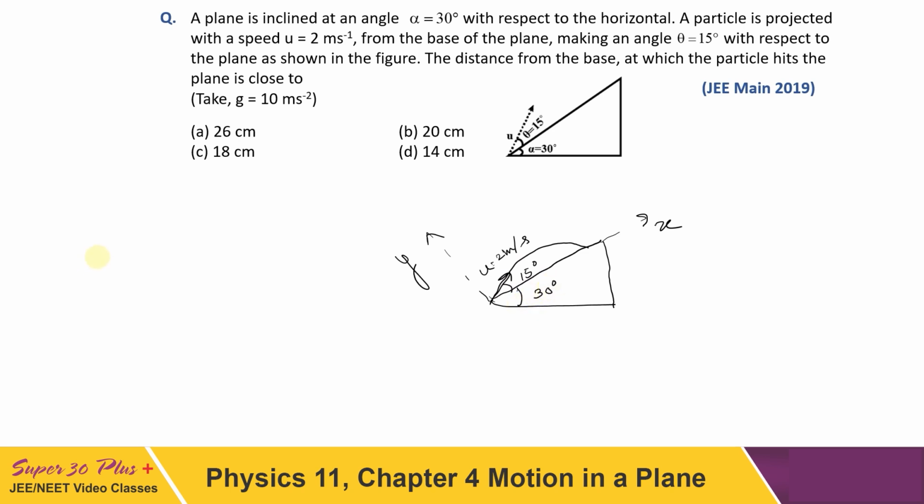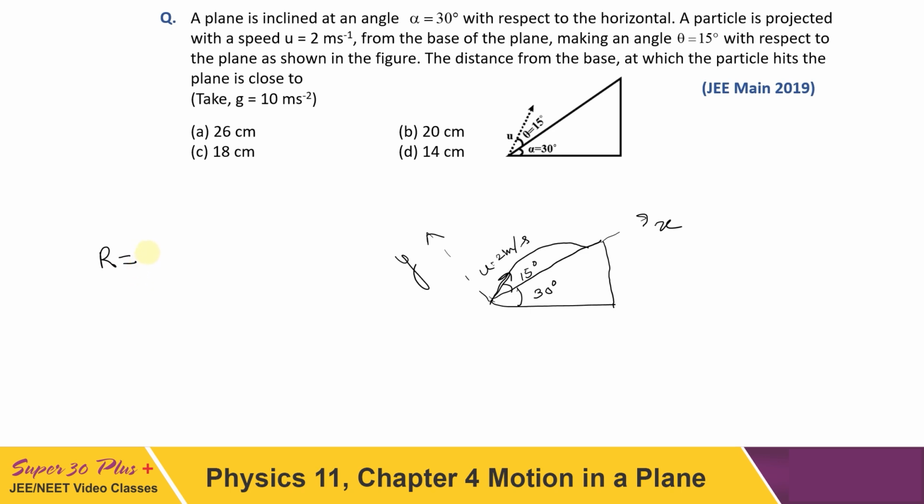Now R can be written as range. This I am writing along the x direction. Do remember, when it is asking for range, it can be written in two ways, either along the incline or in the horizontal direction. Here it is asking along the incline because it is hitting the plane. So it has to be along the incline.